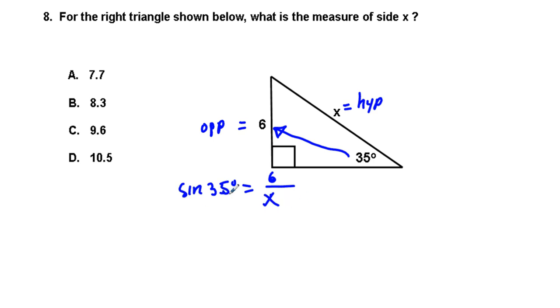And so we can cross multiply and divide or use n solve, or the cosecant is the reciprocal of sine, so we can say cosecant 35 degrees equals x over 6, and then cross multiplying, x is equal to 6 cosecant 35 degrees.